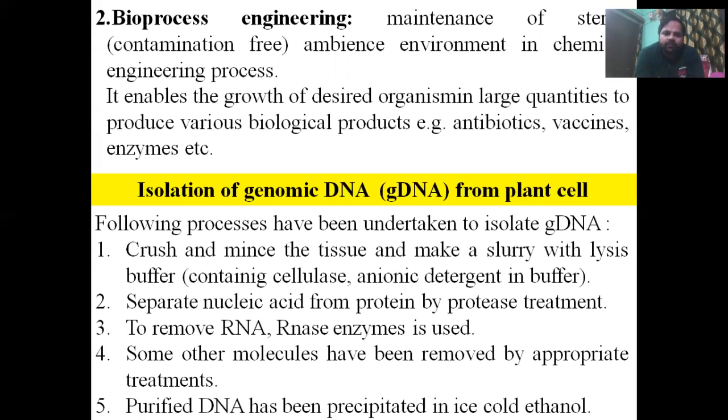It means we take the tissue of the plant, either from stem, leaf, or any part of the plant, and we crush and mince it with a buffer which generally contains cellulase. Cellulase digests the cellulose, and there is an anionic detergent in the buffer. So this buffer lyses the cell.